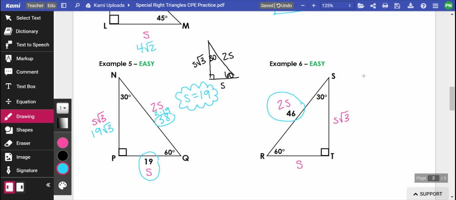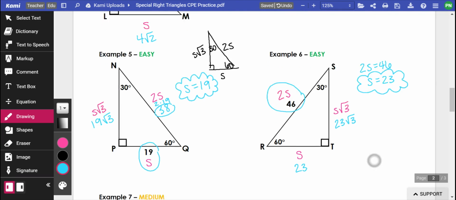That means just s would equal 23. And then you can just plug it back in. So this is 23 radical 3, and this is just 23.